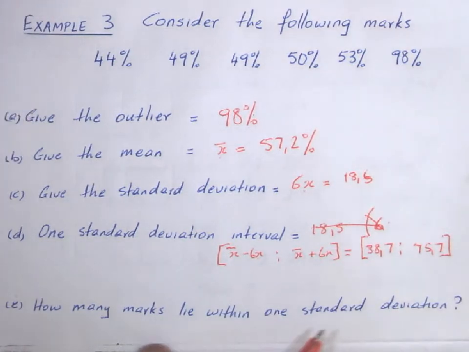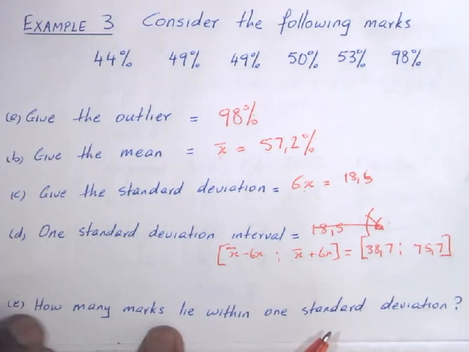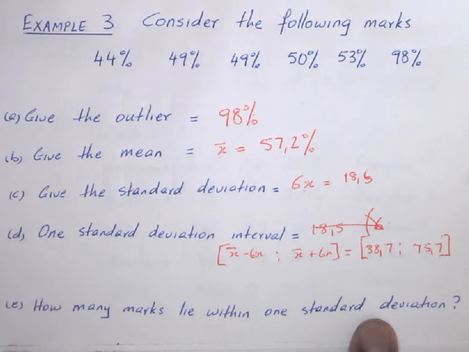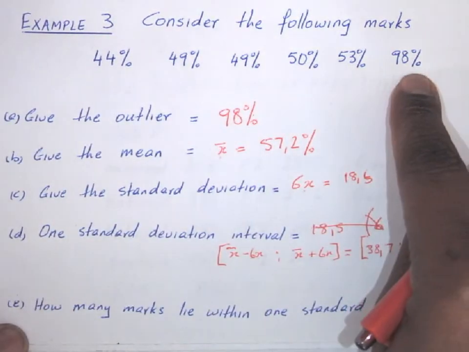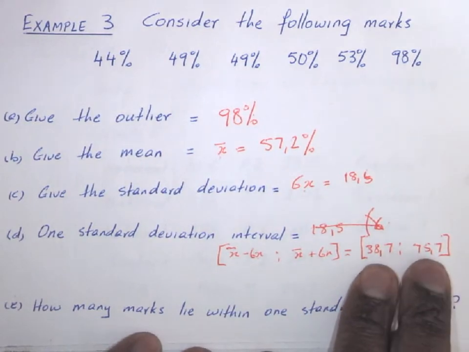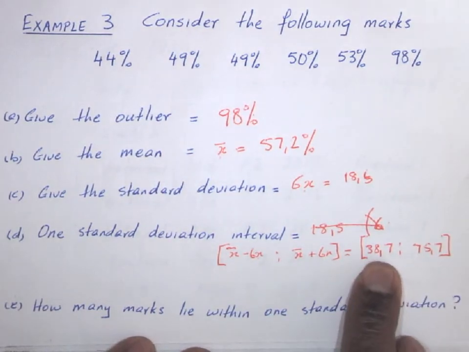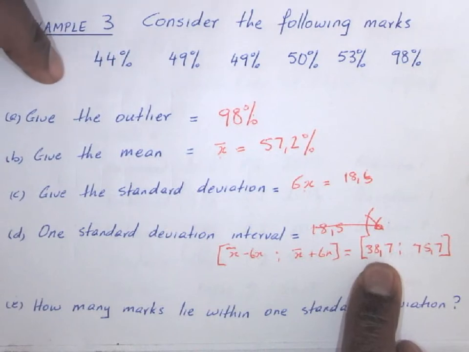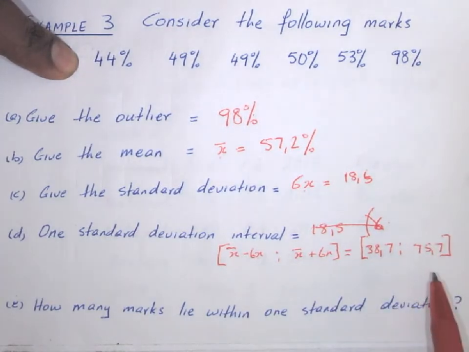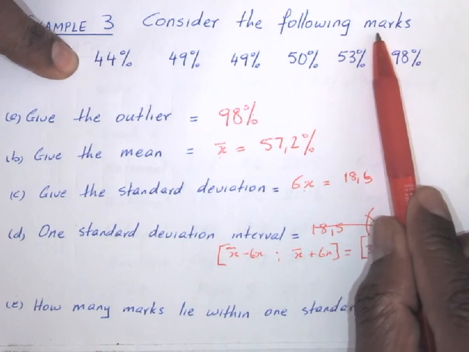Then the next one says how many marks lie within one standard deviation. So what is between these values? The smallest number is 38,7 and the highest is 75,7.